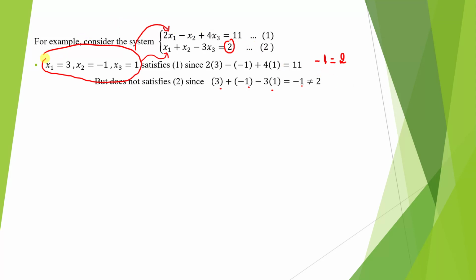So x1 equal 3, x2 equal minus 1, x3 equal 1 satisfies only equation 1, but equation 2 is not satisfied. So this cannot be the solution of this system. If these values are a solution, substituting them in equation 1 must be true and substituting in equation 2 must also be true.